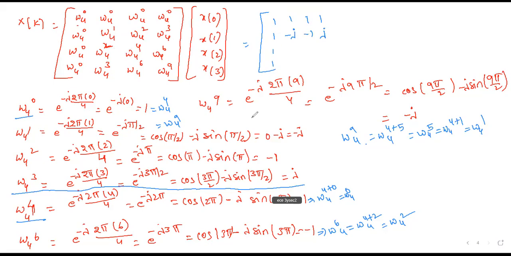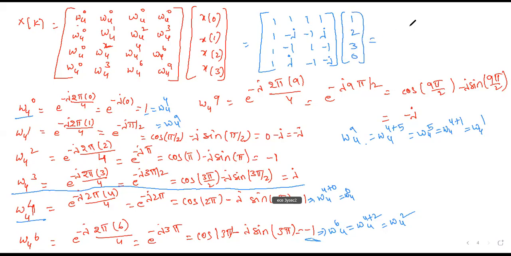The third row has omega 4 power 2 whose value is minus 1, omega 4 power 4 whose value is 1, and omega 4 power 6 whose value is minus 1, and here it is j. Then omega 4 power 6 whose value is minus 1, minus j, into the sequence 1 2 3 0.